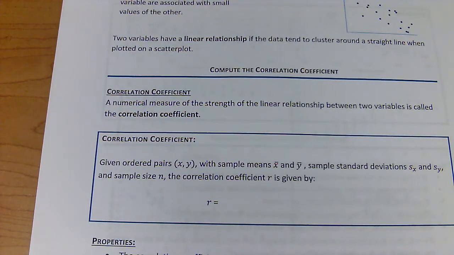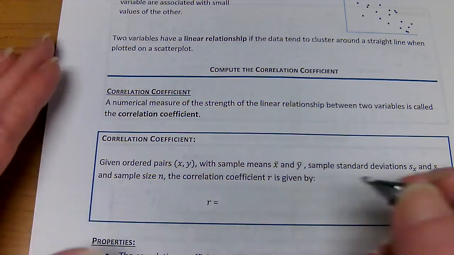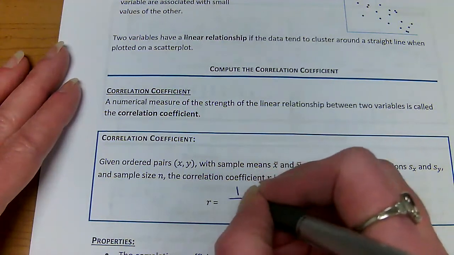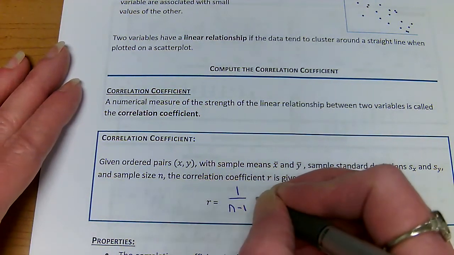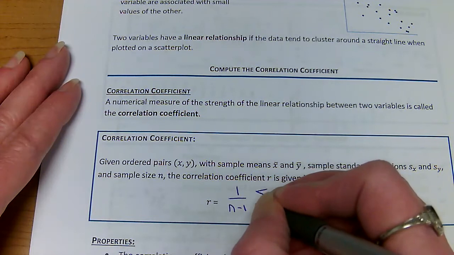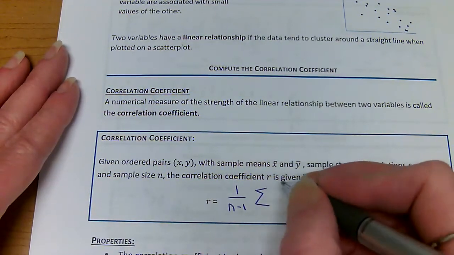Now there's a couple of different equations for it. They look really crazy. The most frequently used looks like this. Oh my gosh, it's really a crazy one. Remember, this means we're going to add them up.